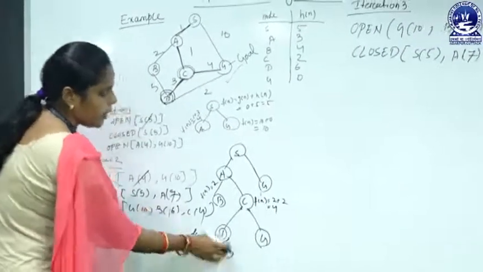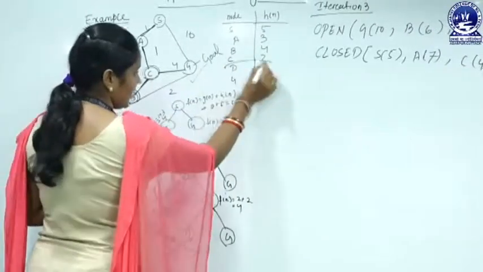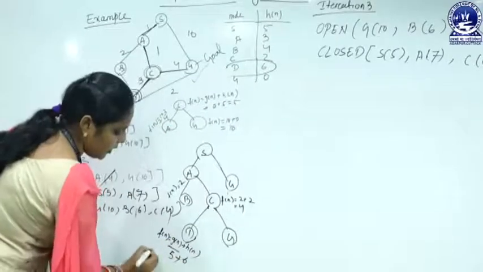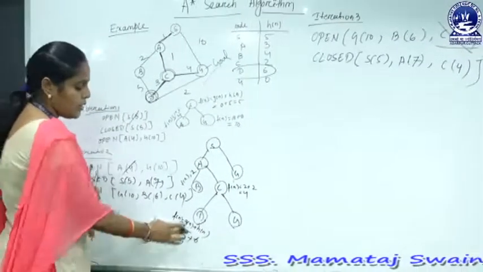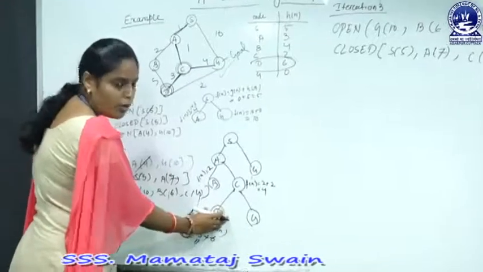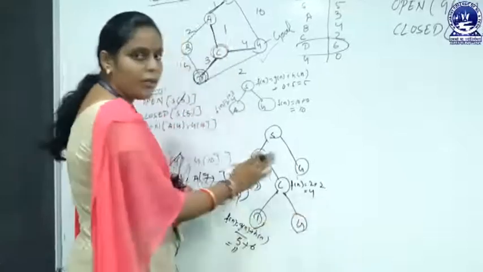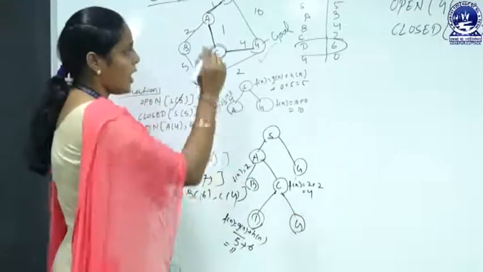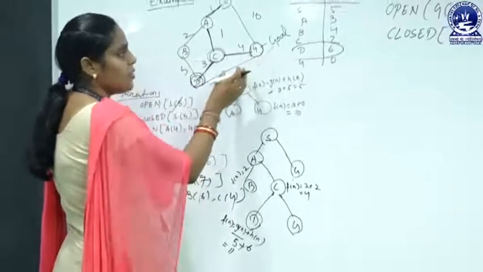Then take the Hn value. Here the Hn value of our node D is 6. Again we add 5 plus 6, which is equal to 11. That means the Fn value of node D is 11. Again we calculate the Fn value for our node G. Now here this is your node G. First we check the Gn value.